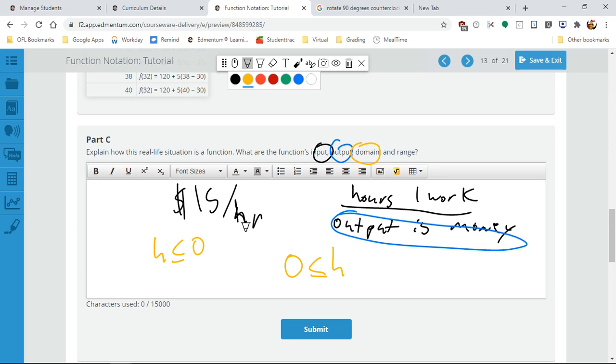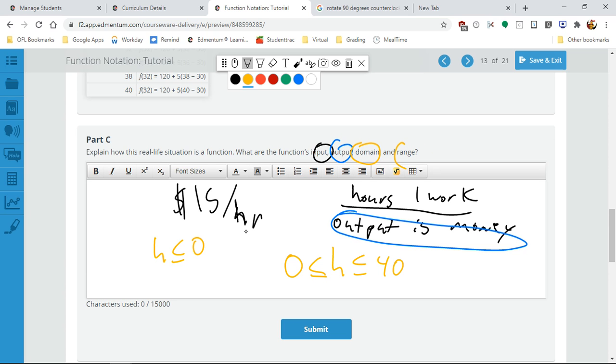That's my input. Usually you only work like 4 hours to 40 hours in a week, right? So this is my input. My domain is 0 to 40.